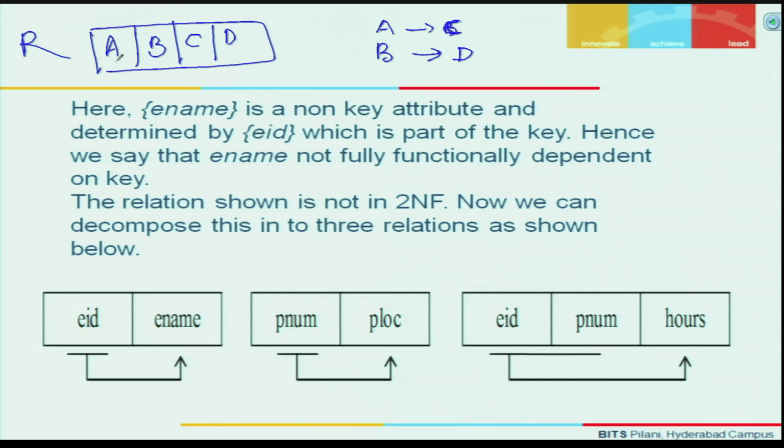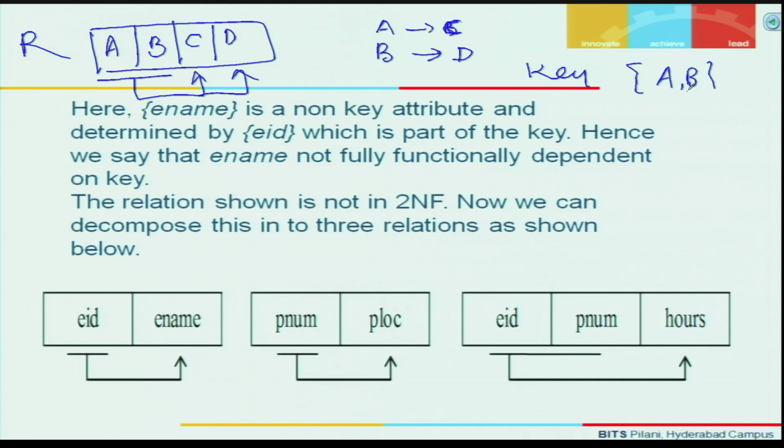A alone cannot become a key, B alone cannot become a key, and C and D anyway cannot become keys. But put together, A and B: A can determine C, B can determine D. So A and B can determine AB and they can also determine C and D. That is why the key for the given relation is A comma B.